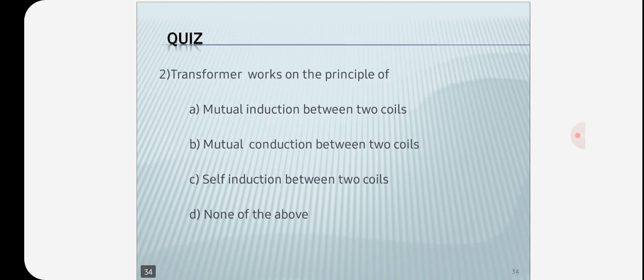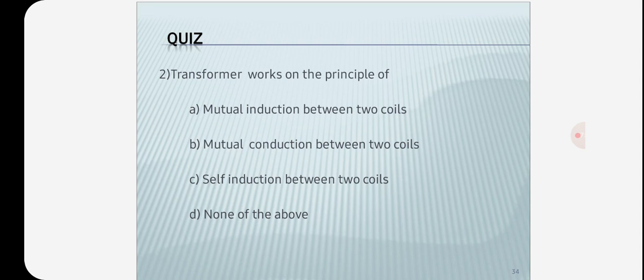The second quiz question is: a transformer works on the principle of mutual induction between two coils. The answer is the first one, because the transformer works on Faraday's law. In this transformer there are primary and secondary windings, two windings.